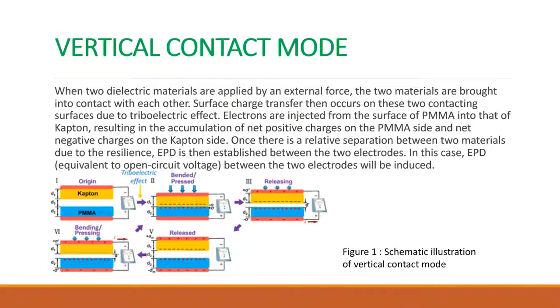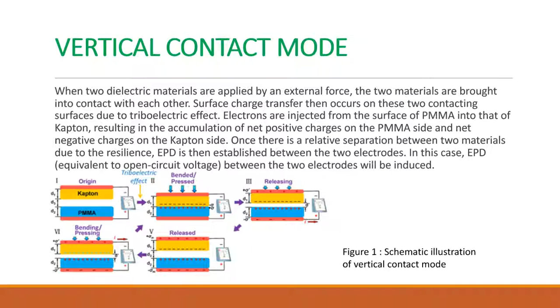For the vertical contact mode, when two dielectric materials are pressed by an external force, the two materials are brought into contact with each other. Surface charge transfer then occurs on these two contacting surfaces due to the triboelectric effect.